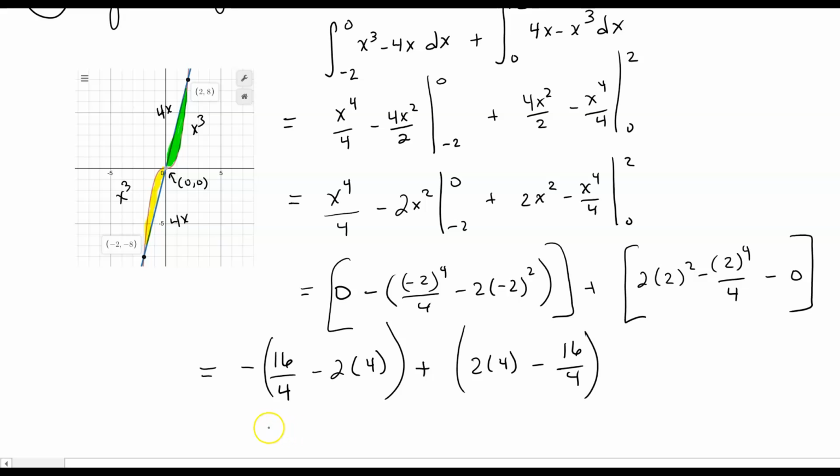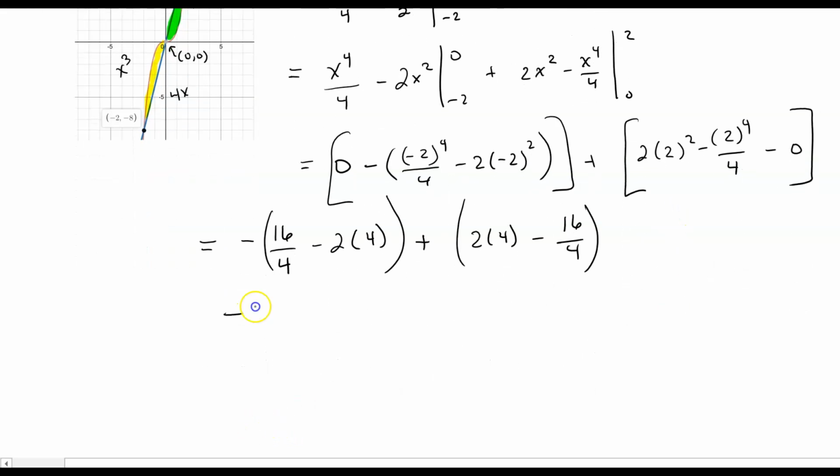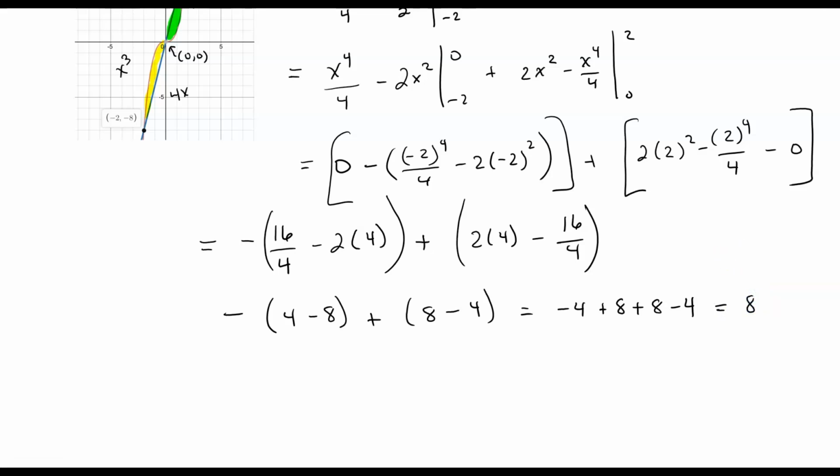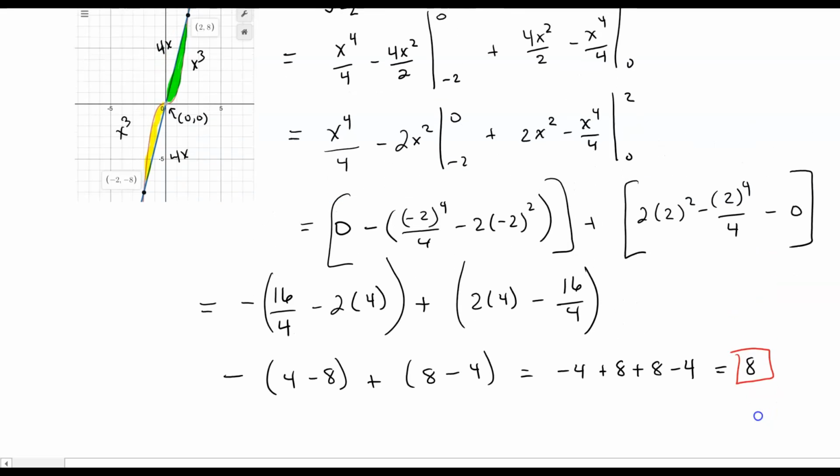So you get in this case a negative, and then it's 4 minus 8 plus 8 minus 4. All right, you get a negative 4 plus 8 plus 8 minus 4. And you combine all of that good stuff. What do you get? You get 4 plus 8, which is 12. 12 minus 4, which is 8. Our final answer for our area between the two curves here.